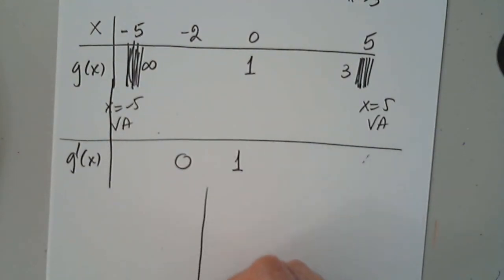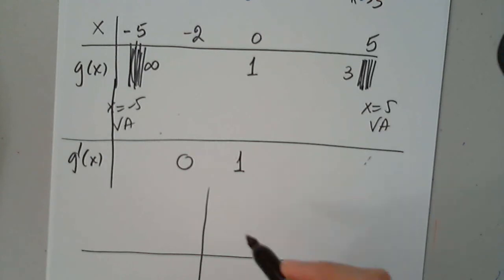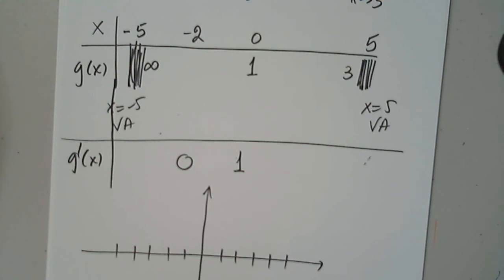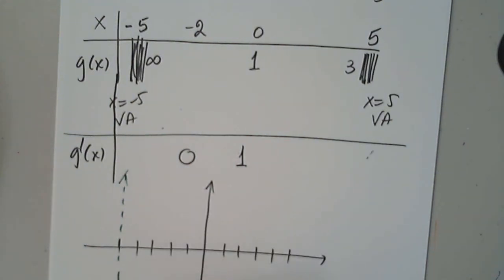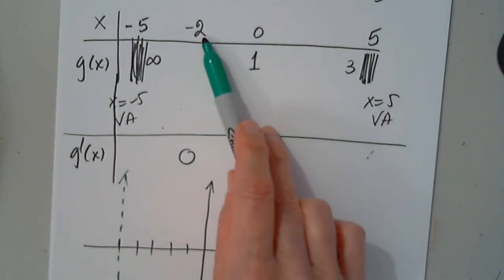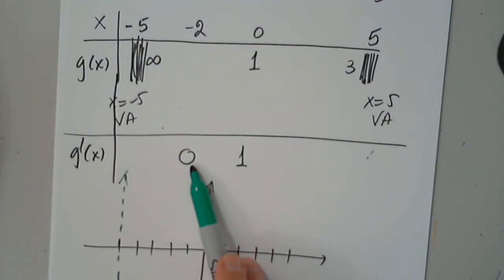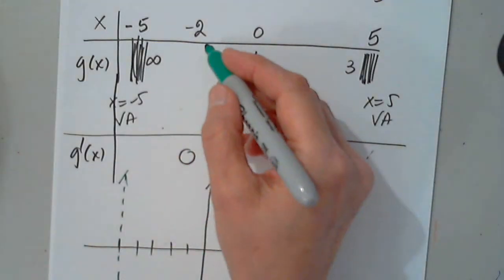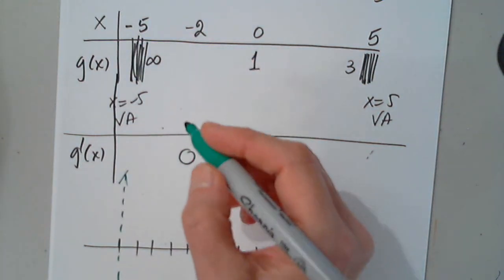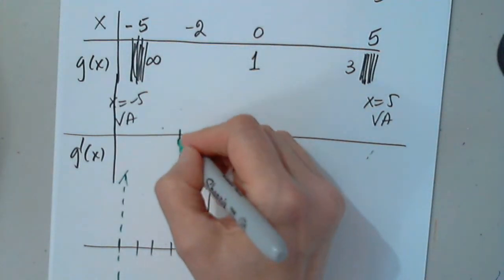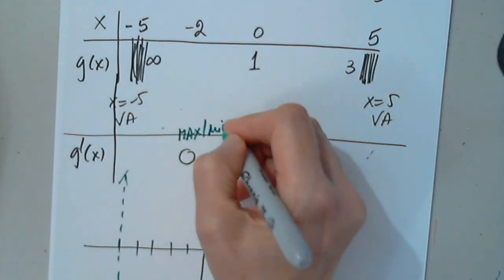So here is my take on what I see. 1, 2, 3, 4, 5. So obviously this is the case. X equals -5. At -2, the derivative is 0, which means this point is a max or a min.